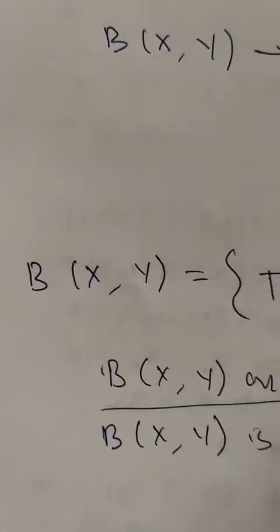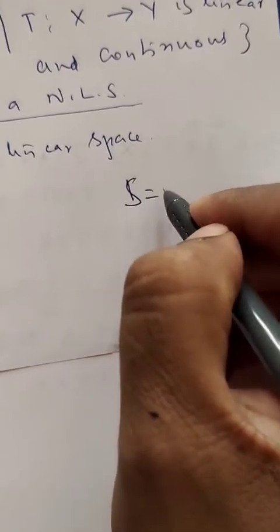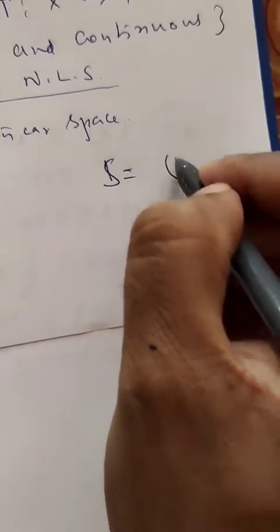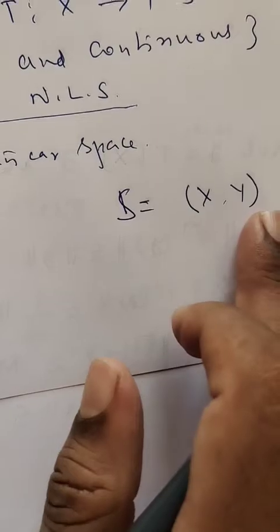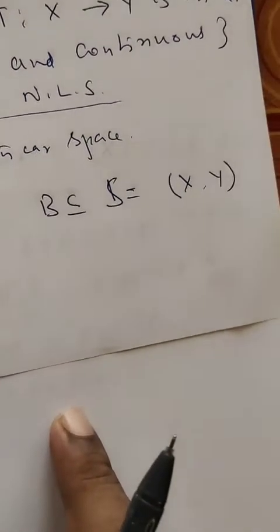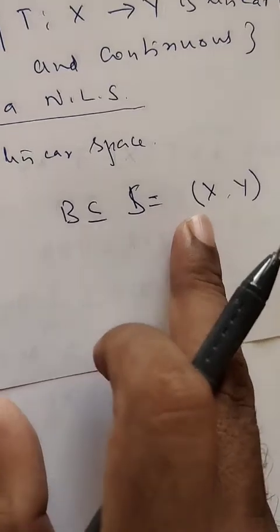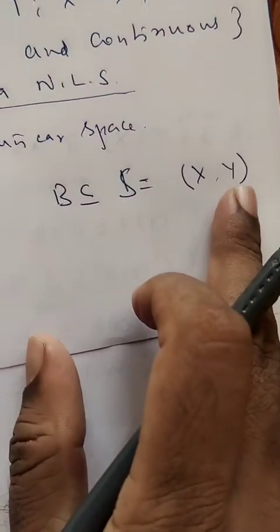Already we have shown that if we take S as the set of all transformations from X to Y, the set of all linear transformations from X to Y, then definitely B is a subset of S. Is it true? Yes, B is definitely a subset of the set of all transformations from X into Y.